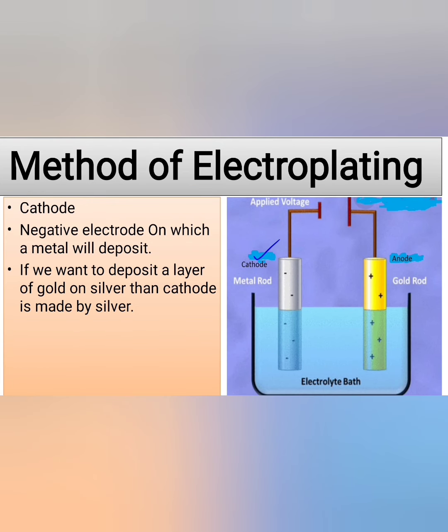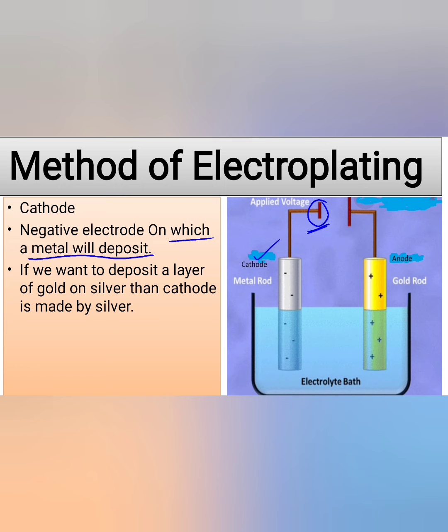Cathode is the negative electrode. It is connected with the negative terminal of the cell. The shorter line represents the negative terminal, and the material of the cathode is made of the metal on which a metal will be deposited.